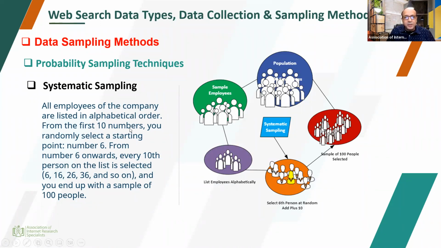Assuming it's not given in this example, but assuming the sample of employees is taken out from the population, here is what it is giving you in terms of numbers. So all employees of the company are listed in alphabetical order. So when you are taking out the main sample without splitting it into further strata, you have built a rationale for selecting those employees. And first of all, you have built a list.